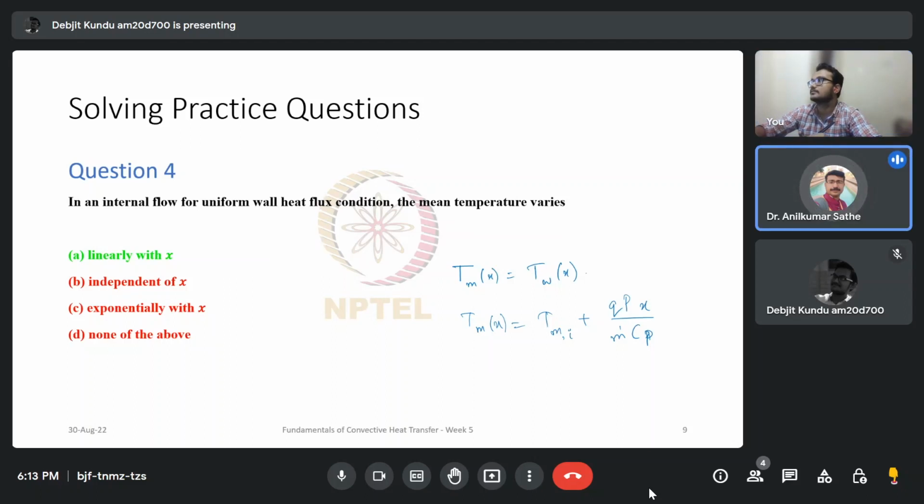So it is linear. No exponential comes in; that would be a uniform wall temperature case. We can deduce it if we remember the temperature profile.